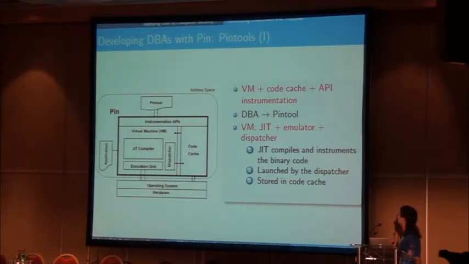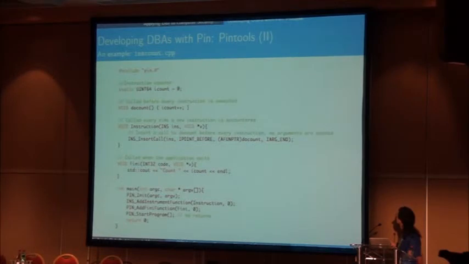The dispatcher executes them. As I was saying before, since these are stored in the code cache, if you have loops, your code is already instrumented, so you don't lose more time instrumenting again. This works at the user space level, not in the kernel.